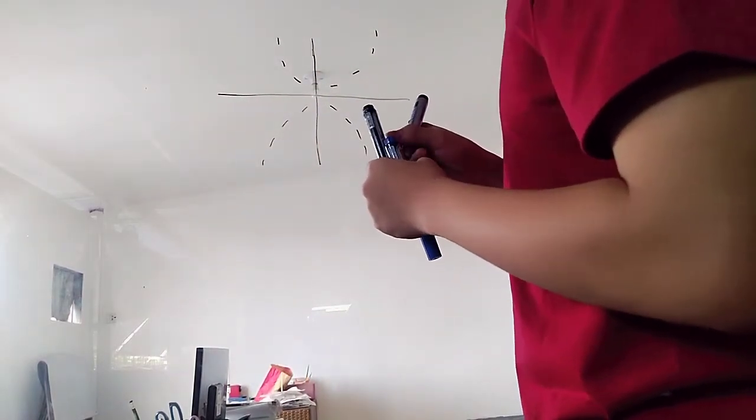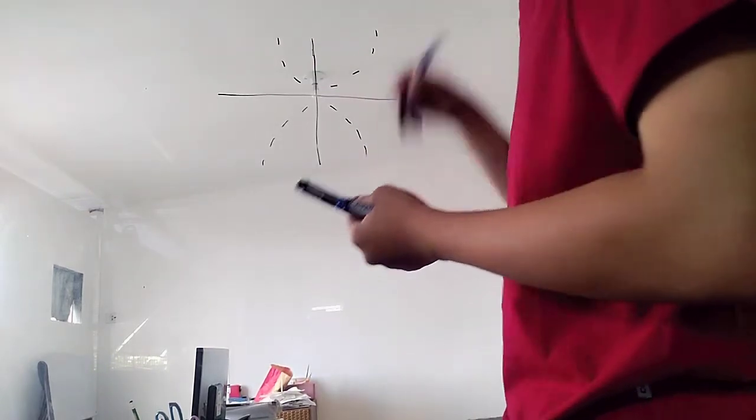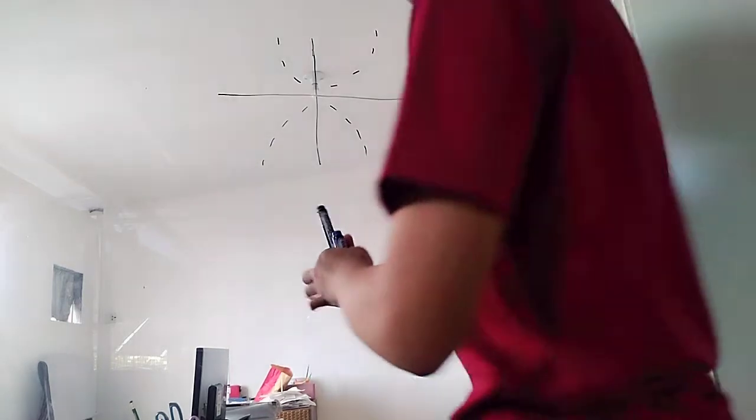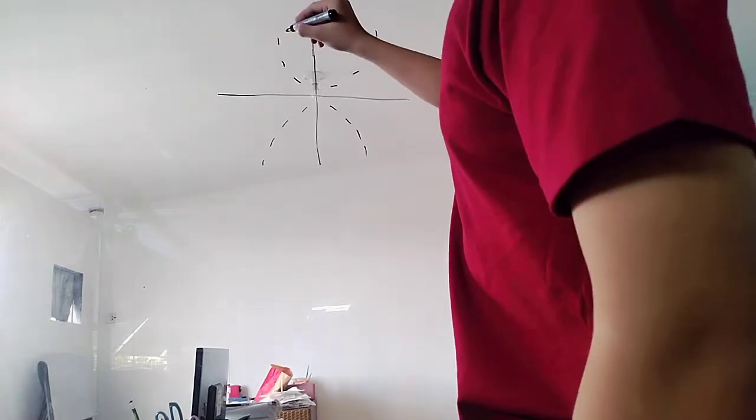So what function would solve this, or what function would follow the flow? That function would be something like a parabola, something like ax squared plus some constant b. So it's like this.